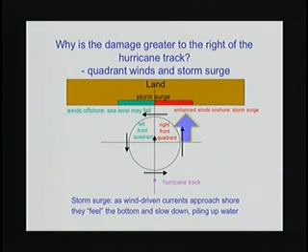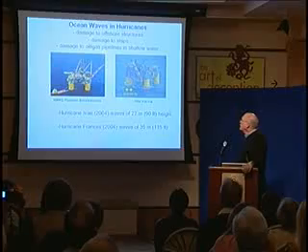So as it approaches land, you have enhanced winds in this region here and an increase in the storm surge. To the left here, you may in fact have a reduction in the sea level as the winds tend to blow the water offshore.